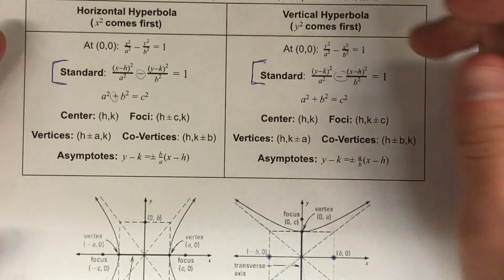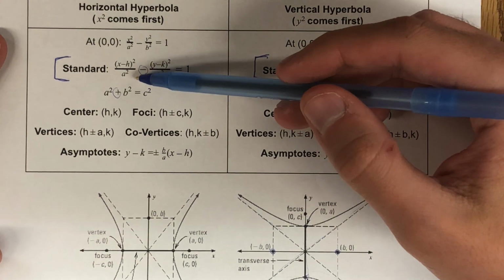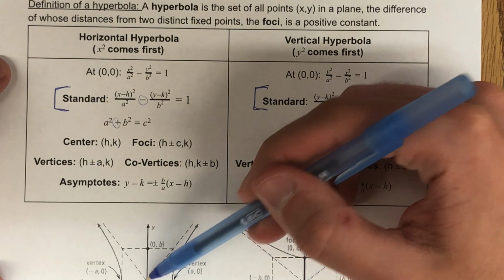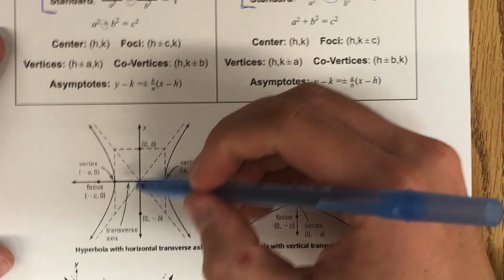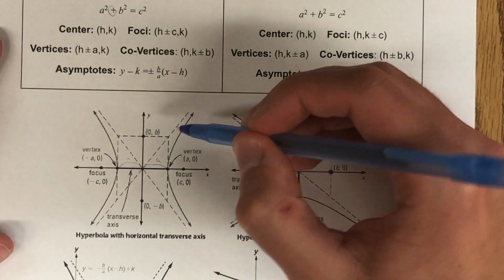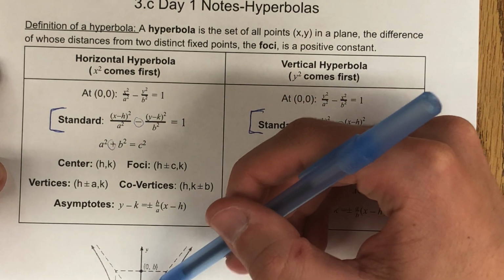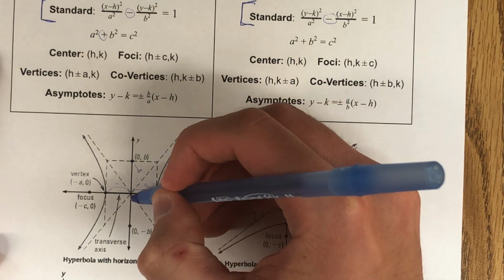Visually, this a value represents the distance from the center, which is (h, k), to the vertices. So if our center is here, this distance here would be a. Same with here. The b value represents the distance from your center to your co-vertices. So from here to here, that would be our b value.